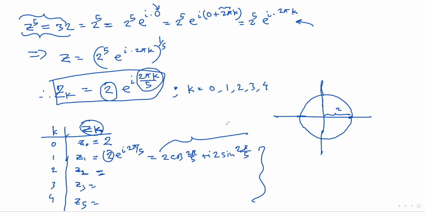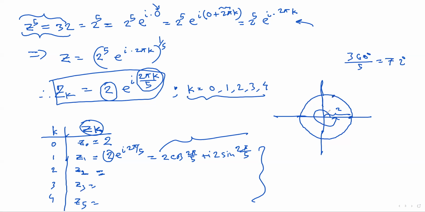But what are the arguments? What happens here is you are actually dividing the interval from 0 to 2 pi into 5 equal parts. So 360 degrees by 5 is exactly equal to what? 72 degrees, right? So what you are going to get is another 4 roots. Overall, the 5 roots are going to be on this circle of radius 2, and they are going to be spaced angularly 72 degrees apart from each other.